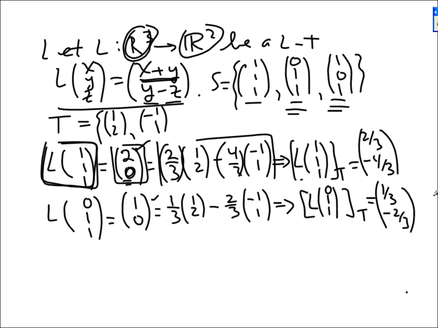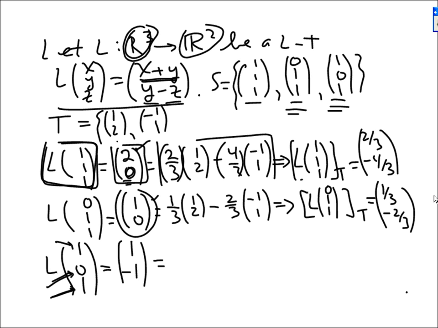Now I want to find L of the last vector. L of 1, 0, 1. X is 1, Y is 0, Z is 1. X plus Y, 1 plus 0, is 1. Y minus Z, 0 minus 1, is negative 1. So this is not a multiple. 1, negative 1 is not a multiple of this or that. So we need to either hit on it ourselves or solve a system of equations.